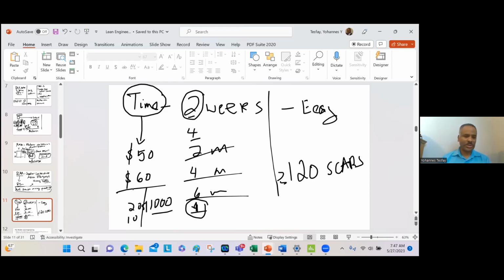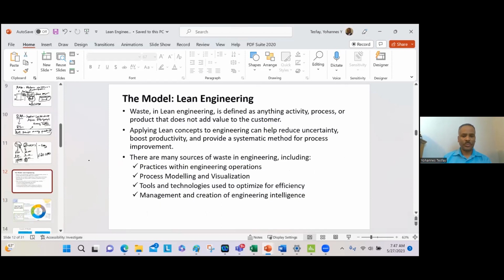So this is our lean objective, to reduce that time. How to do that, I'll show you. So what is lean? Lean is waste reduction.